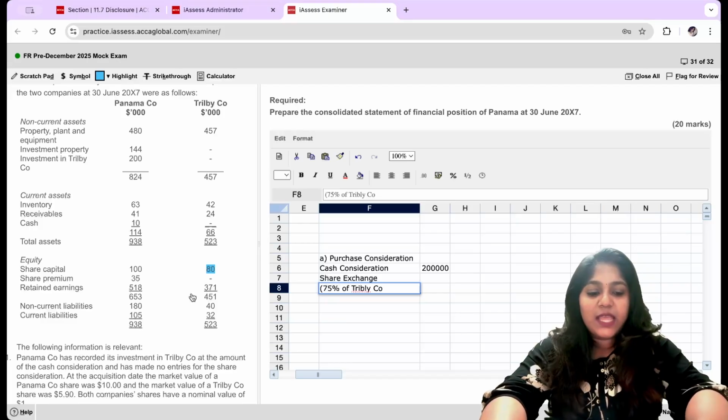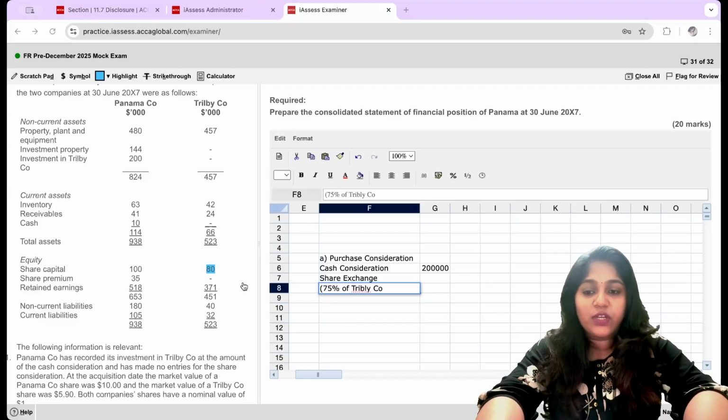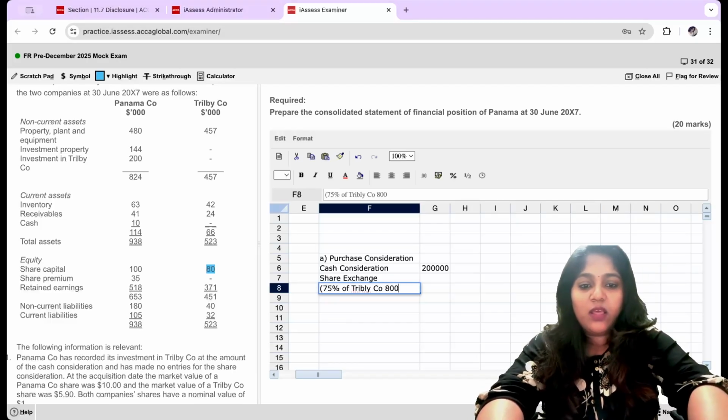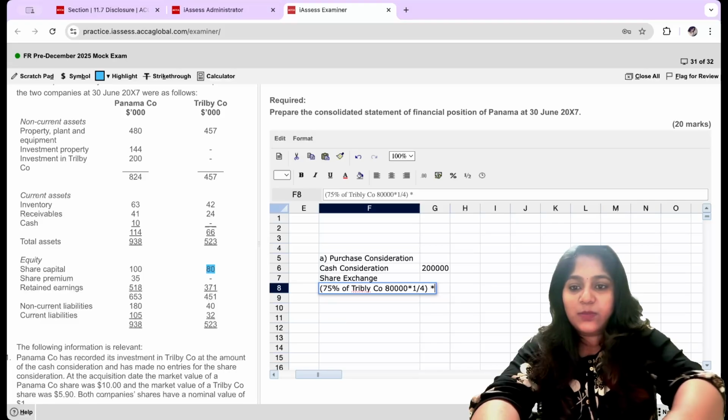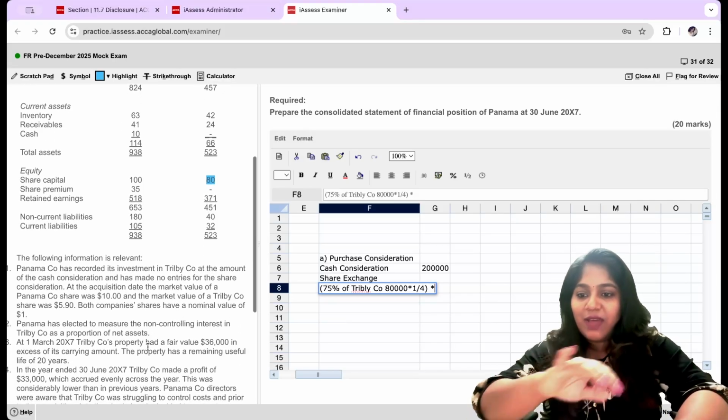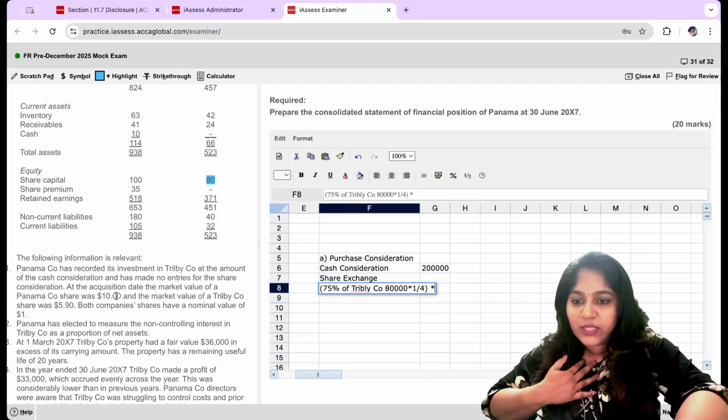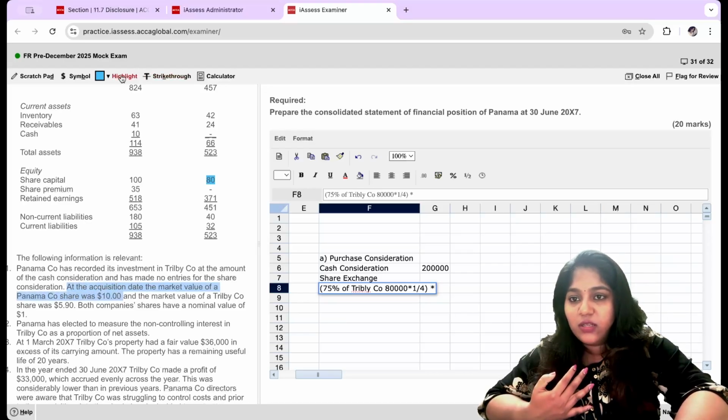Out of this 80,000, I have acquired 75% of it, and for every 4 shares that I have acquired, I have provided one share. So I will take 1 by 4, and finally multiply by the market value of my company's share. At the date of acquisition, the market value of a Panama company share was $10 each.